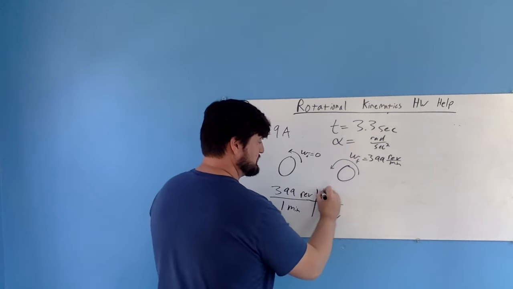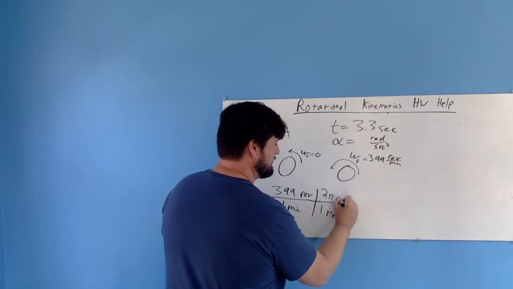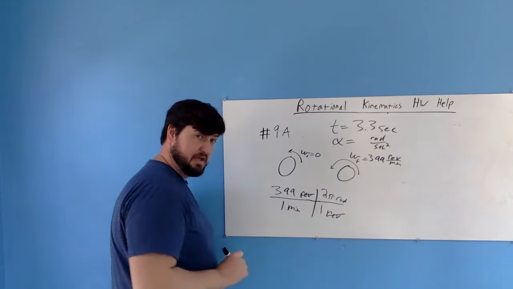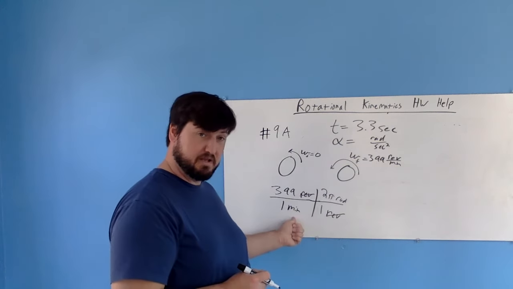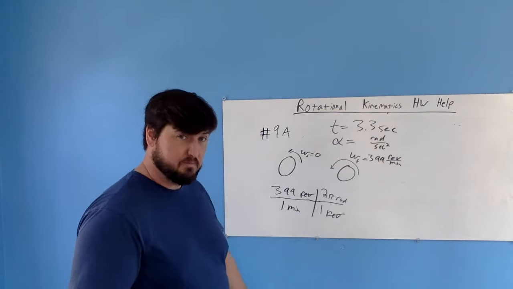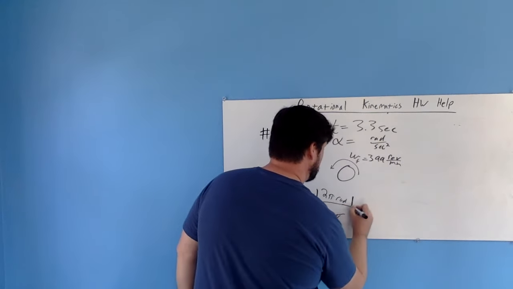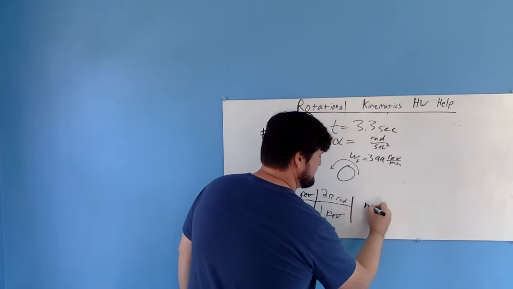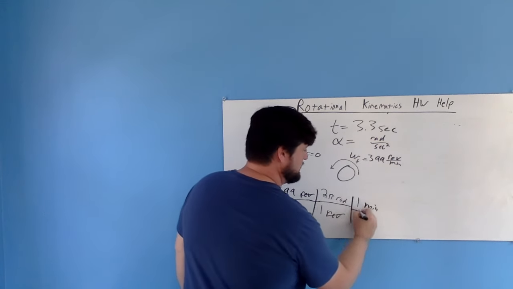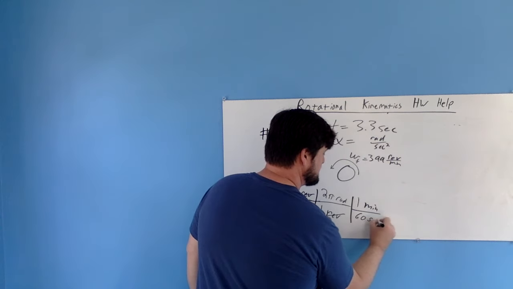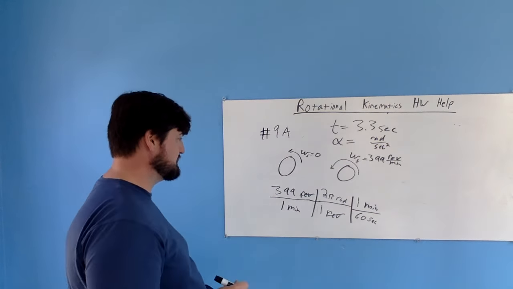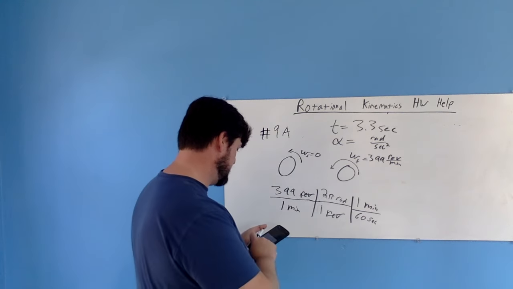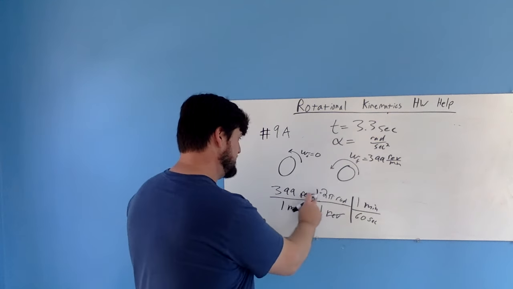We know 1 revolution is 2 pi radians. Revolutions now cancel out, so we get radians per minute. We have to get out of minutes, so minutes have to go on top to cancel. We know 1 minute is 60 seconds. I'm going to have to work this out on my calculator because this is too much math to do in my head, but basically this will be not quite 800.